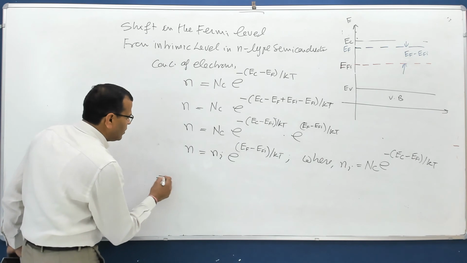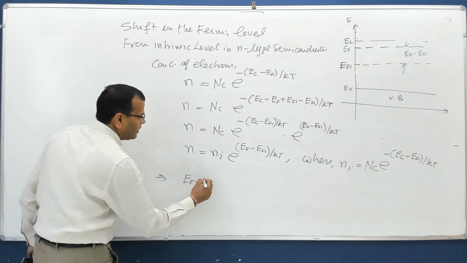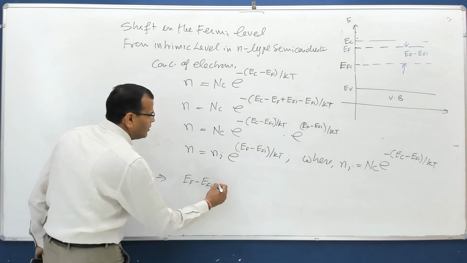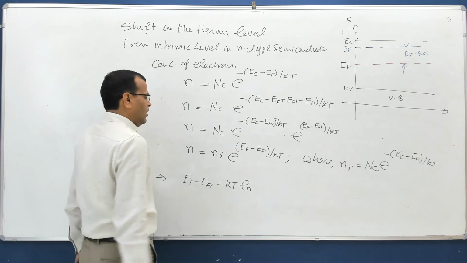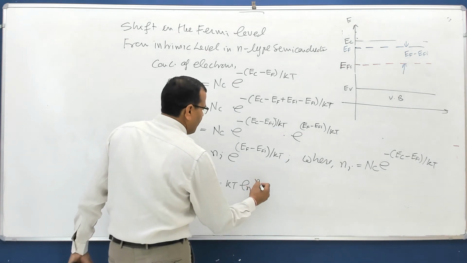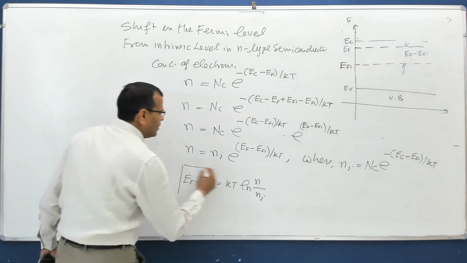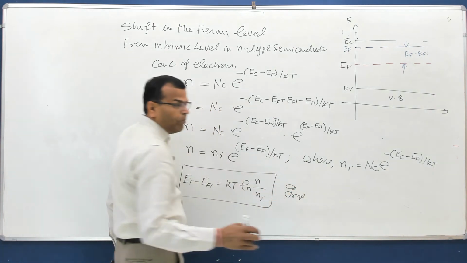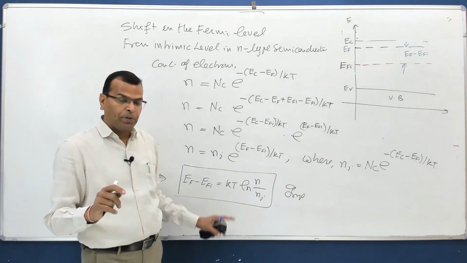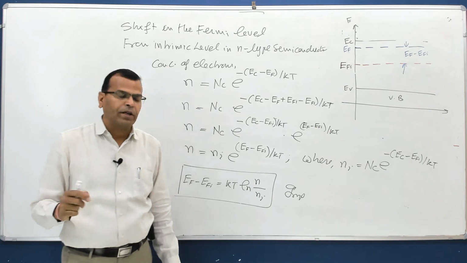So this gives EF minus EFI is equal to kT ln n upon ni. That is an important expression, and there was one numerical in GATE on this expression, the shifting of the Fermi level from the intrinsic level in N-type materials.